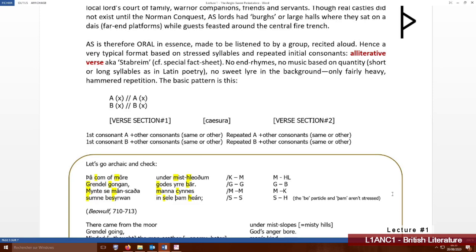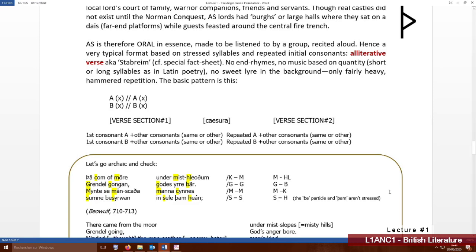Plenty of little devices like that. But with Anglo-Saxon poetry, there was no such thing. No end rhymes, no repetition of vowels. Vowels were not really important. There was no numbering of syllables as you have in French poetry, for instance. No, no. It was only about repeating initial consonants.